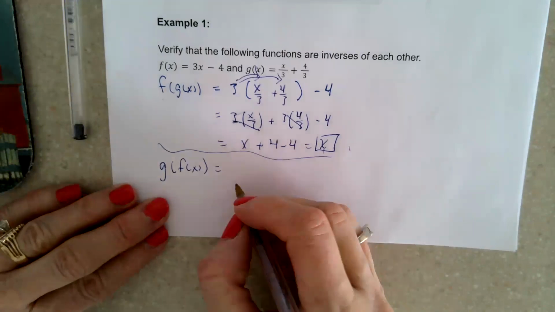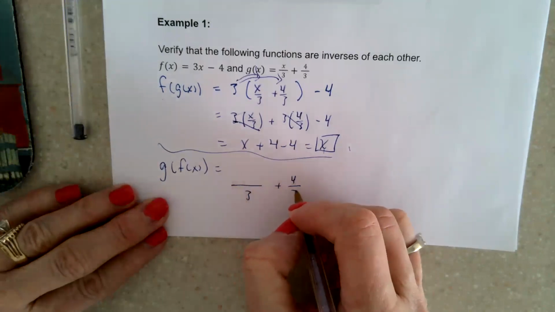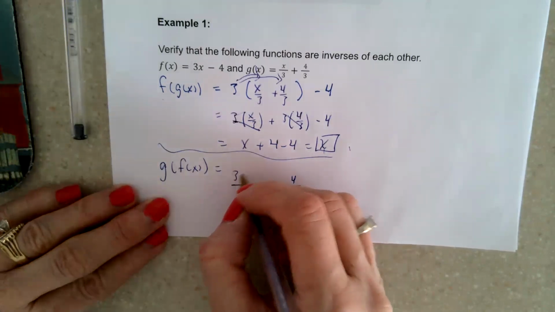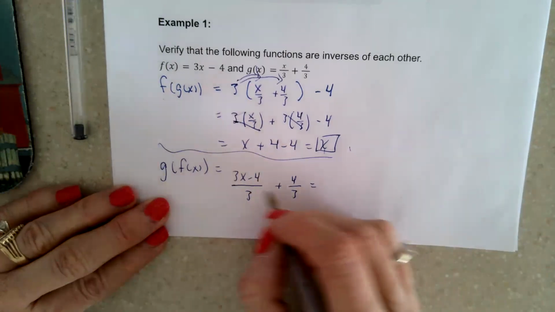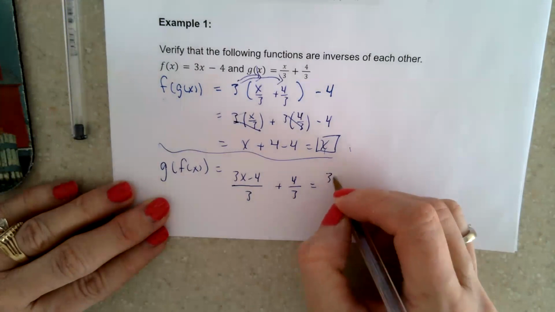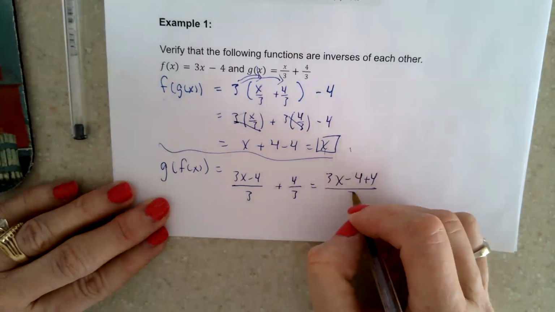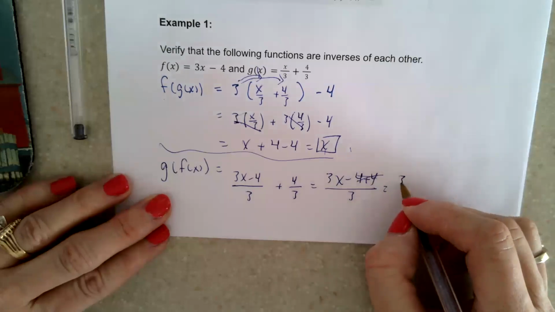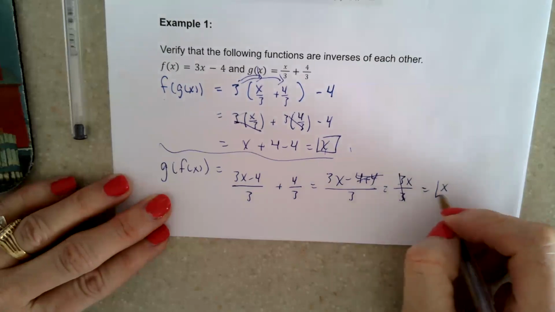So if we start with the g function, and in for x, we put the function f of x. Because we have like denominators, we can add the numerators. And those cancel, and we have 3x over 3, which cancels, and we have x.